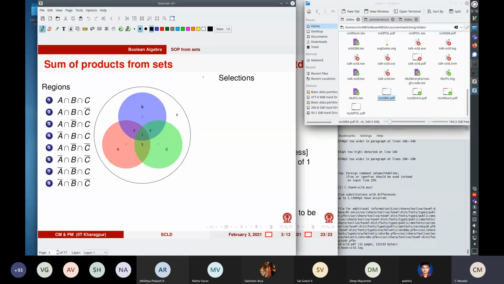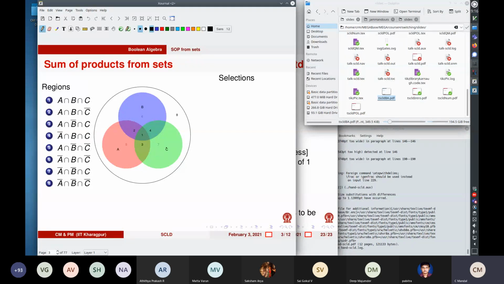Okay, so let us consider three sets, A, B, and C. Okay, and what you see here are all possible intersections of these sets, and we are just labeling those as various regions. So we are labeling this region as 1, this region as 2, this region as 3, this region as 4, this one as 5, this one as 6, and this one as 7.